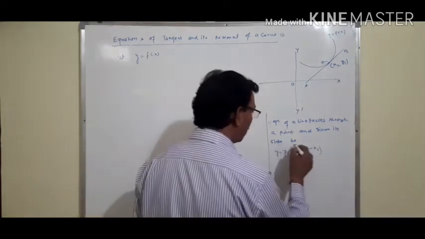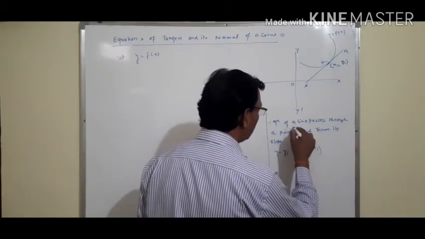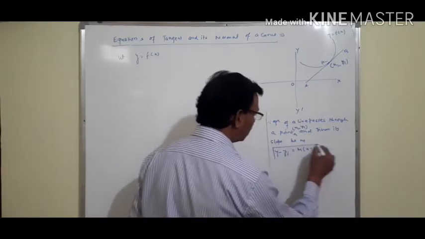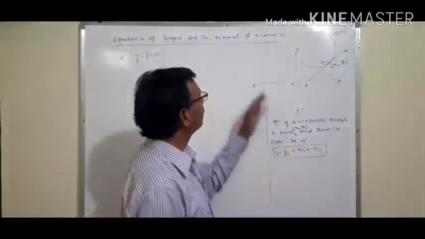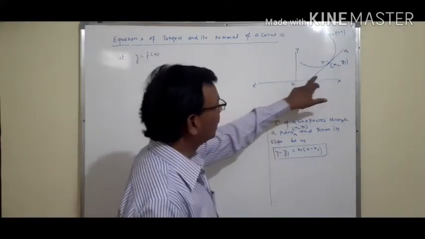If slope is m and point is x1 comma y1, then this is the equation of that tangent.